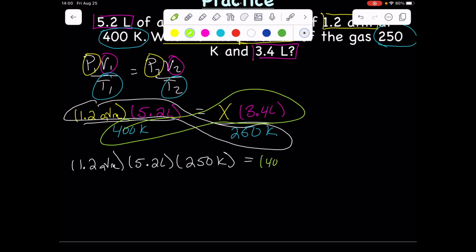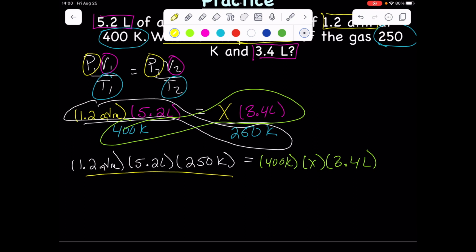And that gives me 400 K times X times 3.4 liters. Phew, got a lot going on here. All right. So multiply this side, and please, please be double checking me. I happen to make lots of calculator mistakes.